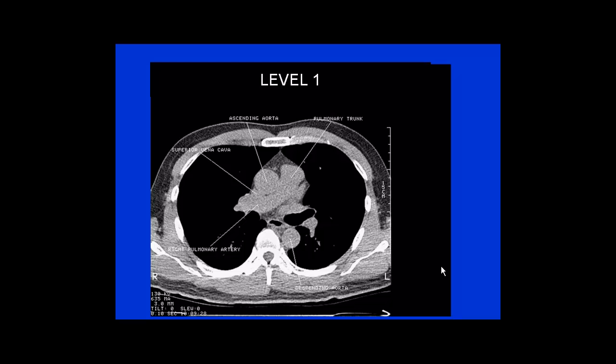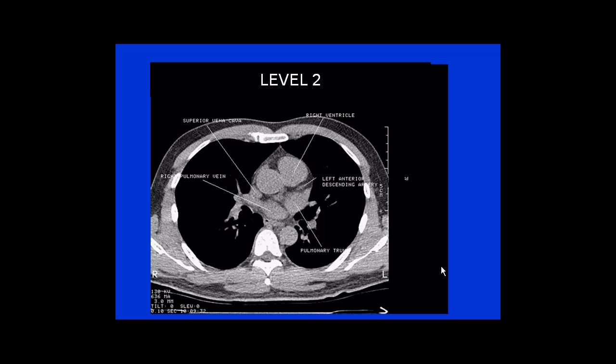In this particular level, at the center of the aortic root, one can see the ascending aorta, proximal pulmonary artery, and the superior vena cava. Next level, approximately 3 to 4 centimeters below that, we see the beginning of the left anterior descending coronary artery.